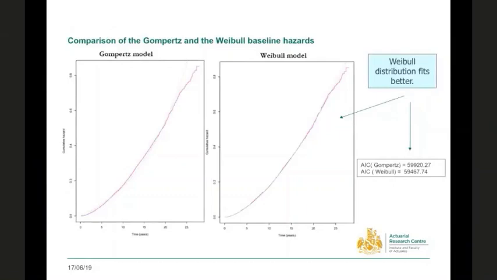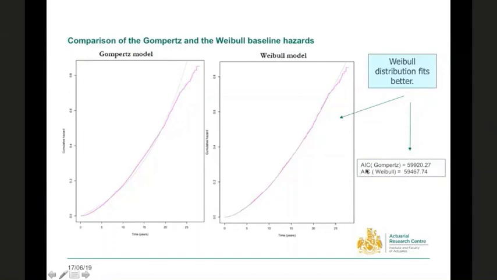We considered two possible distributions. We found Gompertz and Weibull quite a good fit. But Weibull could explain the data pretty well for the first 20 years, compared to Gompertz, which had a few departures.